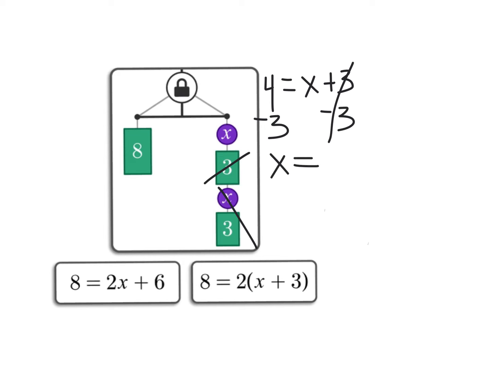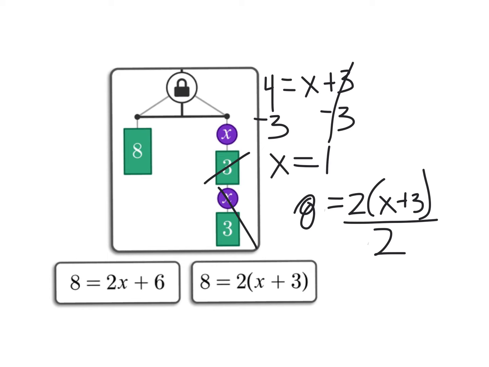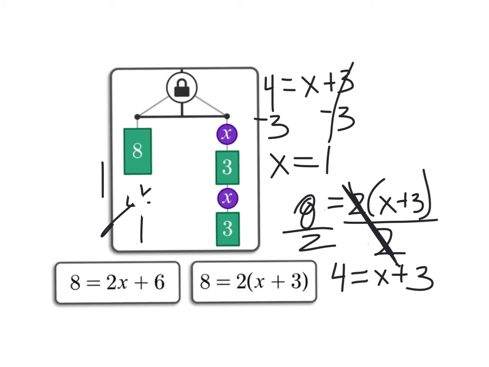Again, subtracting 3 from both sides, that's a minus 3 and a minus 3, and then we get x equal to 1. So what that means, coming back to the beginning, is that when you have a number out front like this, you can divide by that number off the bat, and we get 4 equals x plus 3 because these twos cancel. When we divide in half, this cuts to 4, and then the right hand side gets cut in half.